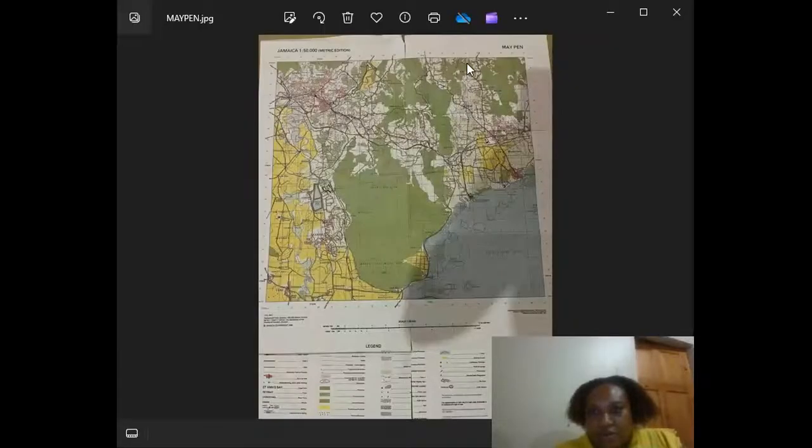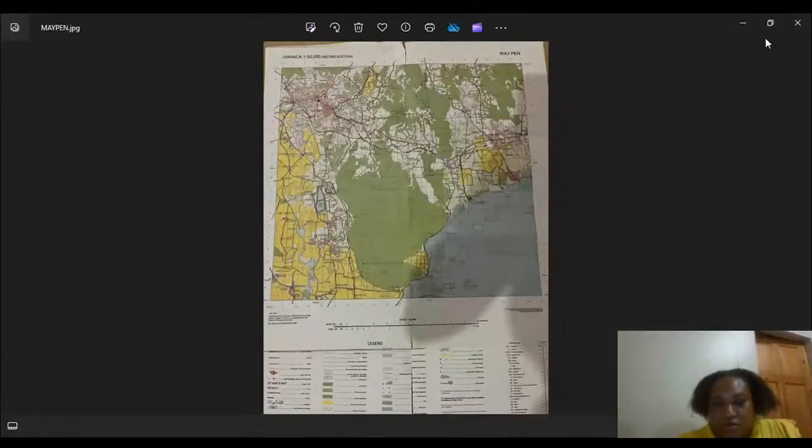So let me share the map. Let's see if it could show. All right, that's the map. I am not sure how clean you all are seeing it, but that's the map. This is the Mapen map. So let us look at some of the questions that they gave for this map previously.